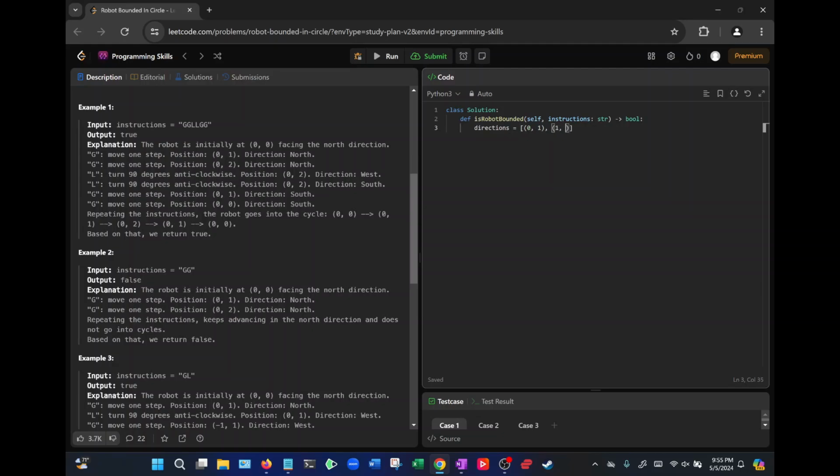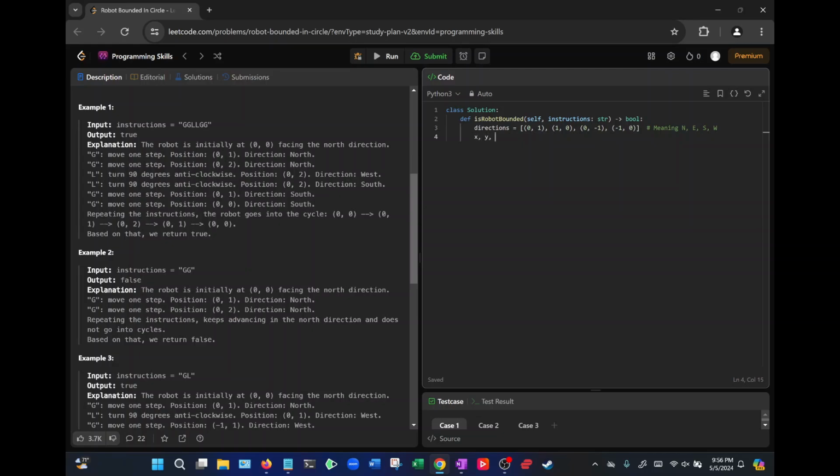We have 1, 0, a vector pointing 1 unit to the right. So this is going to be east. South is going to be 0, -1, and then west is going to be -1, 0. Okay, so I'll just write the meaning, north, east, south, west, just so that we know.